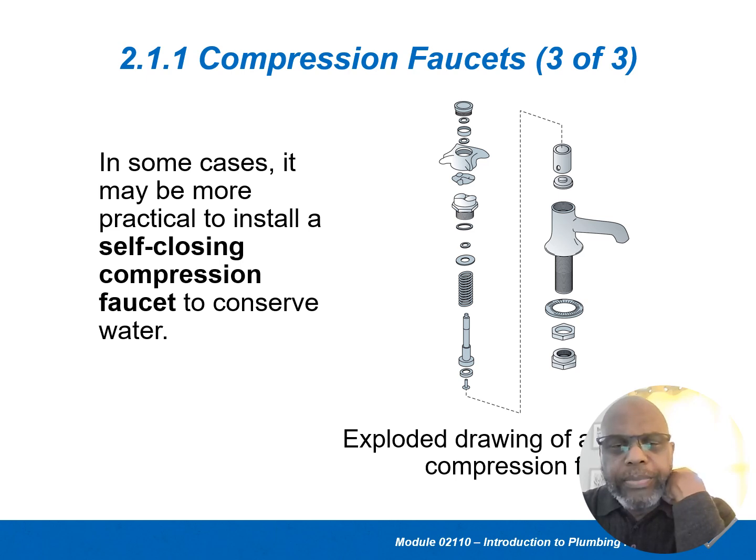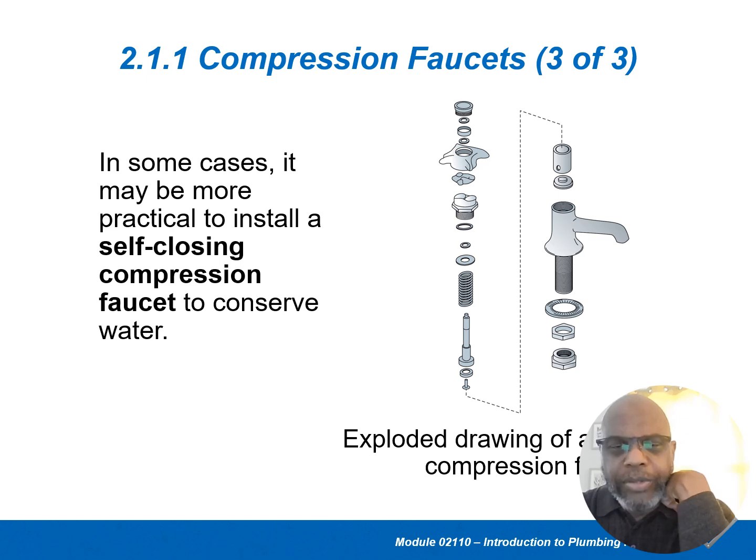Now, you can see this is the washer, and this is the stem. There's usually some type of packing nut to put tension on it to keep water from leaking past the stem. When you put things together, it's usually an exploded view so you can see all the different parts and how each part fits in order. If you put it in incorrectly, it may not work, or it would definitely leak.